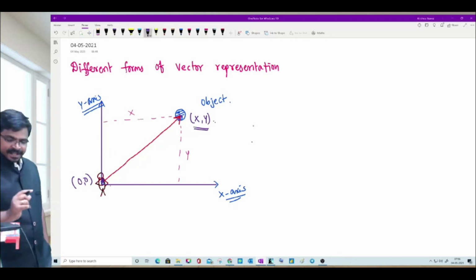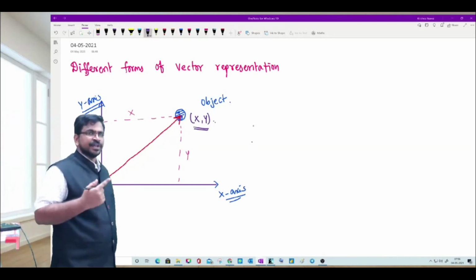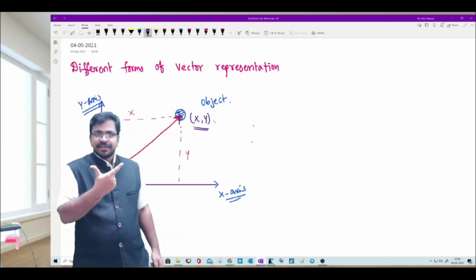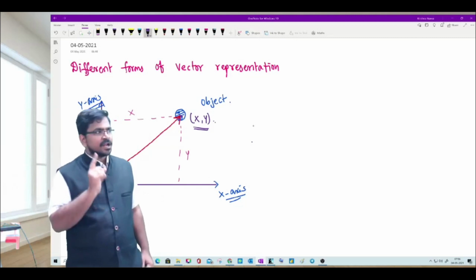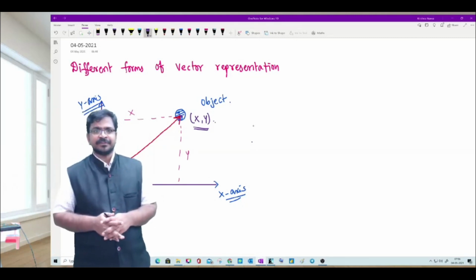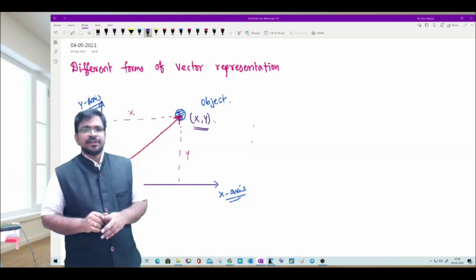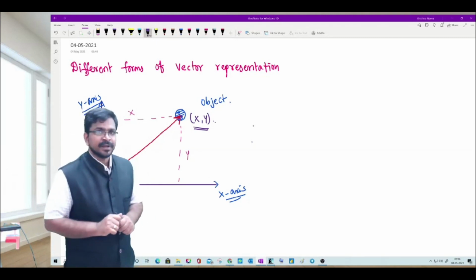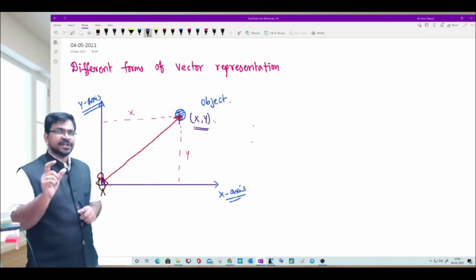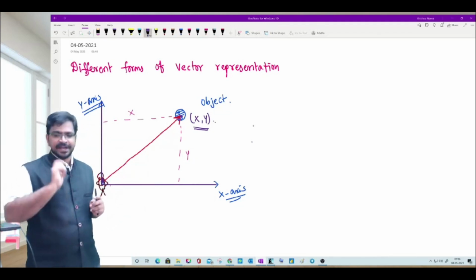To represent any vector, we should express the size of the vector as the magnitude and also the direction in which it is pointing. So the representation should consist of information related to both magnitude and direction.